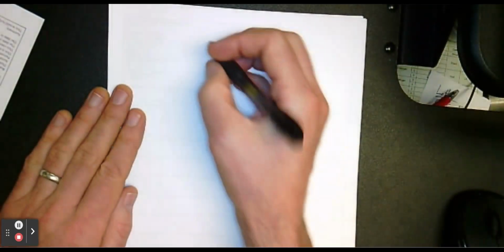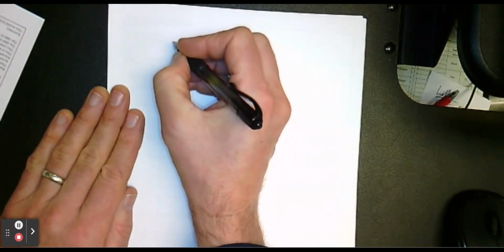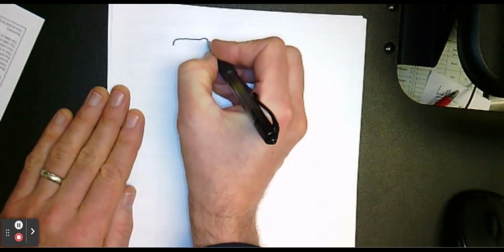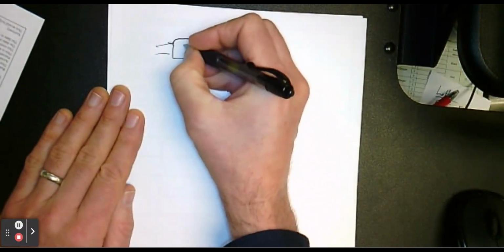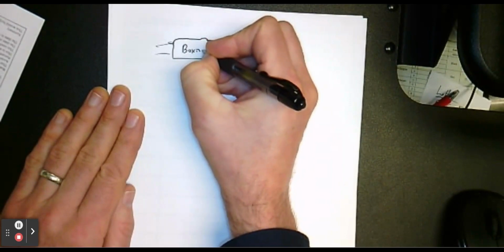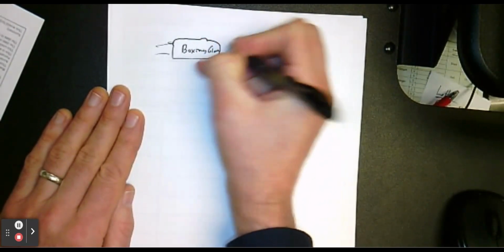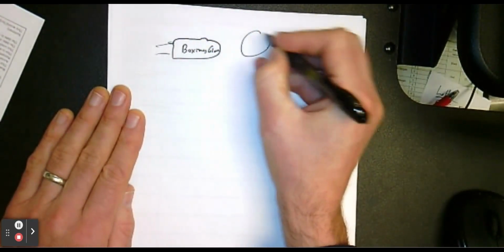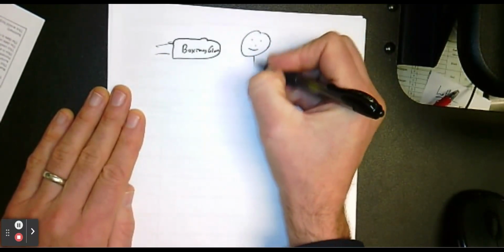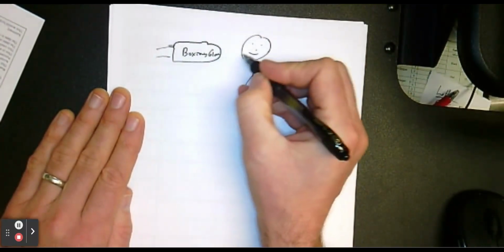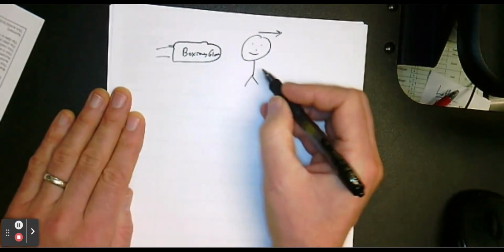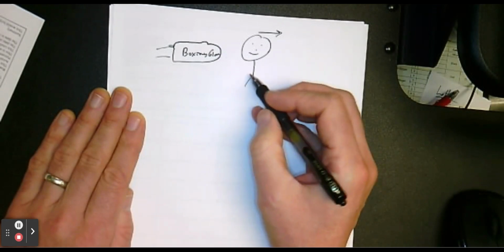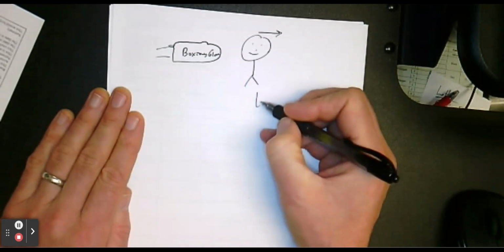Now, let's think about another example. If you had a boxing glove, when this person gets hit, if they're moving away from the glove, they're going to lengthen the amount of time that they get hit by, meaning the time is going to increase.